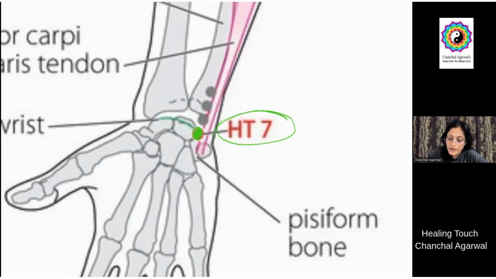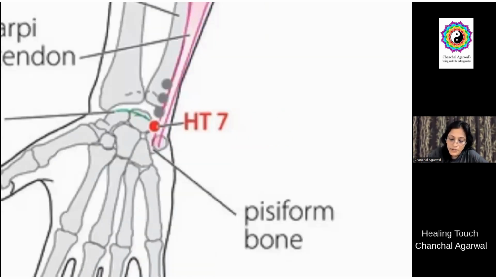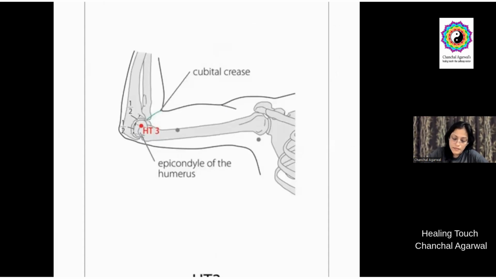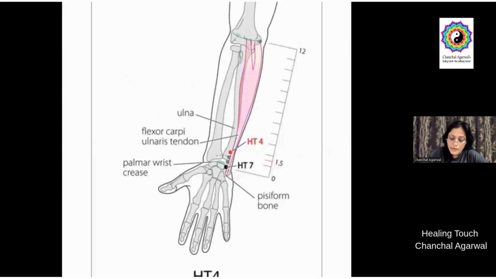After H7, the fourth point is H4. Locating H4 is very simple. Why is it simple? Because you just have to place 4 fingers. Whose 4 fingers?